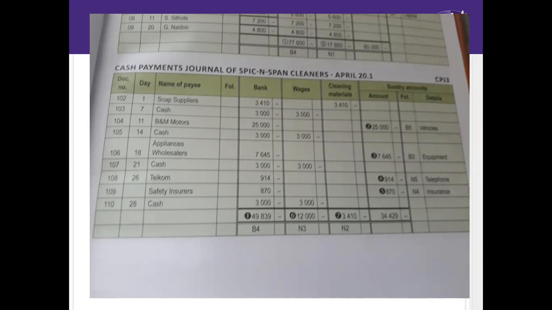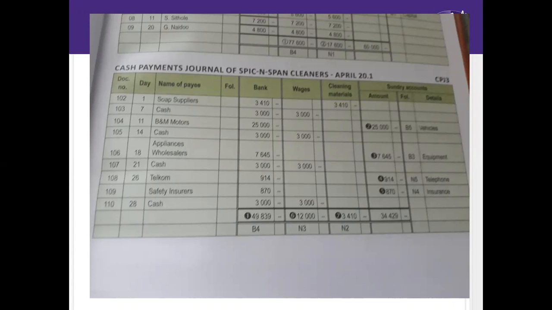Name of payee, or sometimes they put details there, is the name of the business from the transaction, except when there's no name, then you write the word cash, like on the 7th, the 14th, the 21st, and the 28th. The amount from the transaction every time in bank and for what it is, like bank and wages, bank and cleaning materials, or bank and vehicles. And if there's not a specific column for that, then you take it to Sandra accounts.